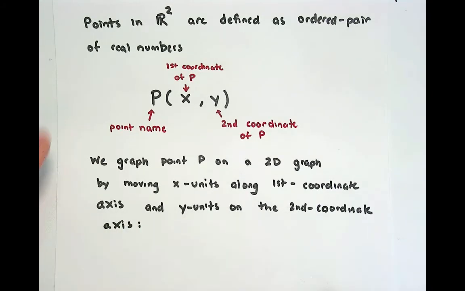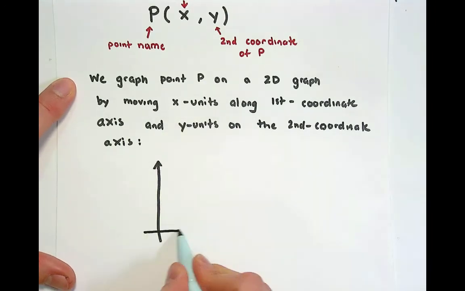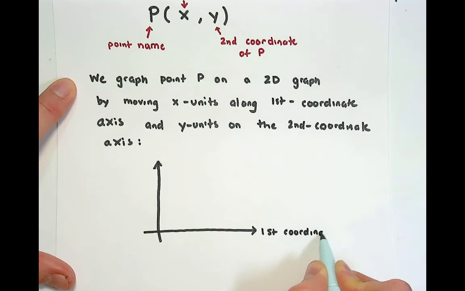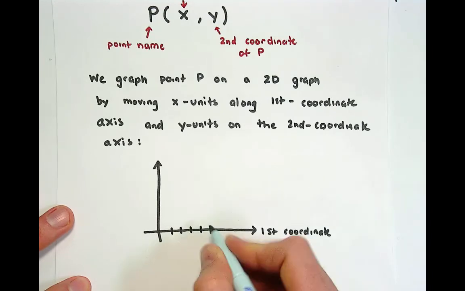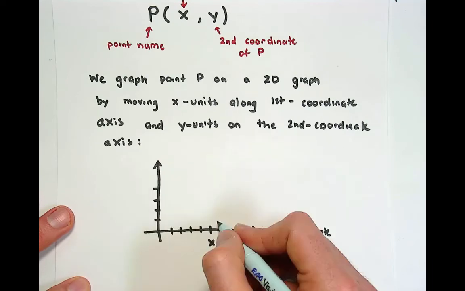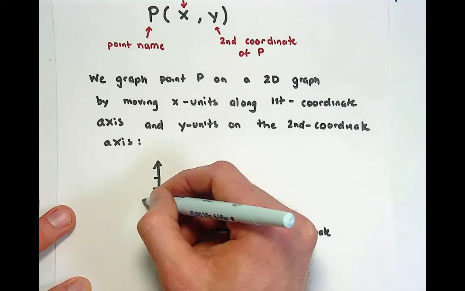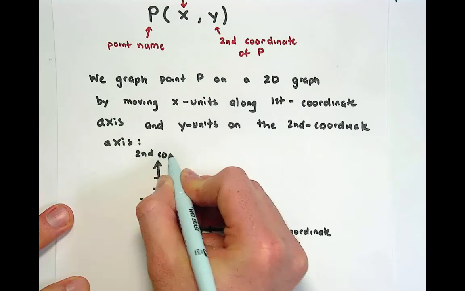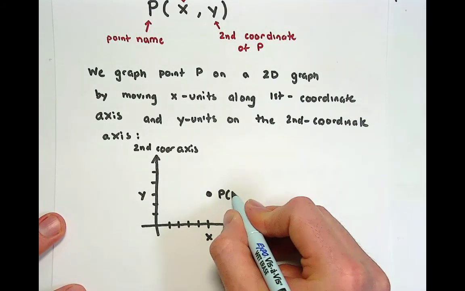All right, so we could just imagine here for any x and y, here's the first coordinate axis horizontally. Doesn't matter what you call it. And you move x units along the first coordinate axis and y units along the second coordinate axis. These are random, so it doesn't matter what the values are. So this is what we call the second coordinate axis. All right. And then this is the point now, P, x comma y.